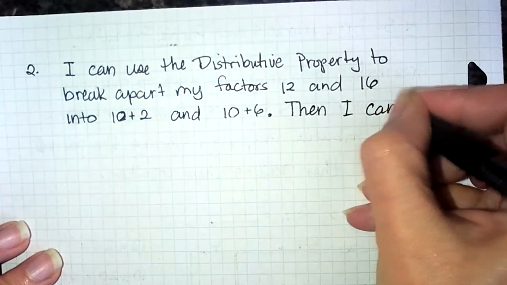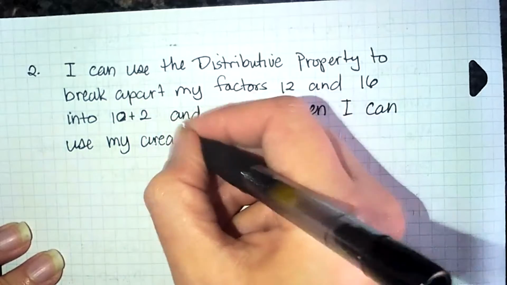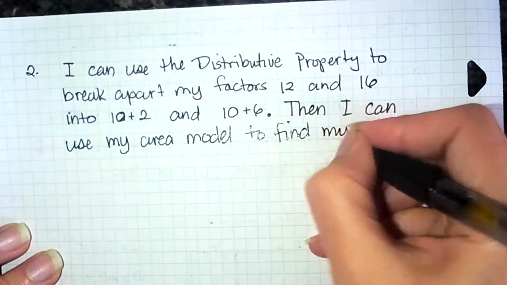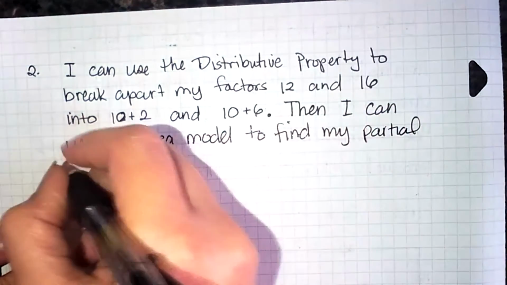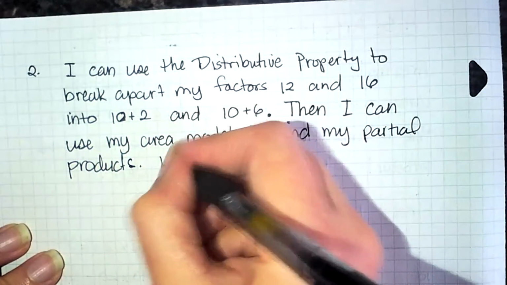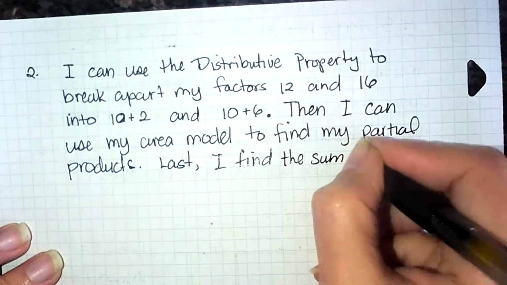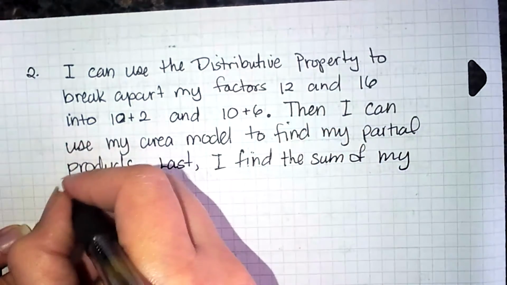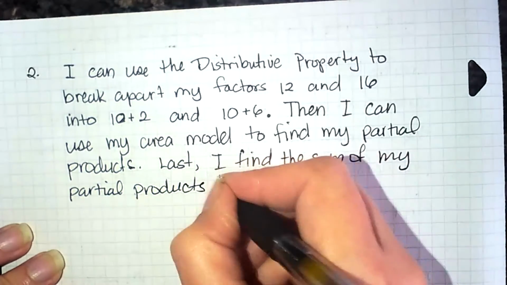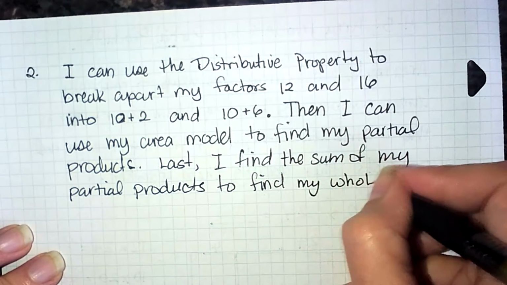Then I can use my area model to find my partial products. Last, I find the sum of my partial products to find my whole answer or my whole product.